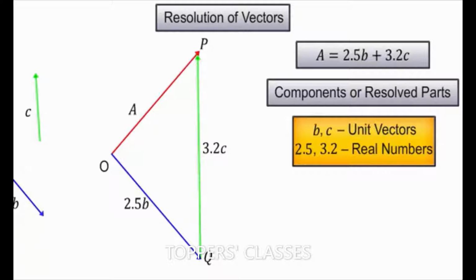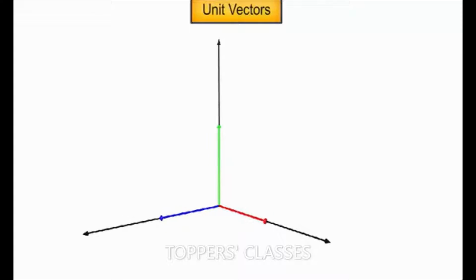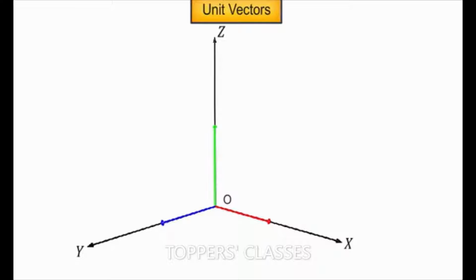Usually, vectors are resolved along the axis of a rectangular coordinate system using unit vectors for convenience. Unit vectors have a magnitude equal to unity and they indicate a particular direction. You do not specify any dimension or unit for these vectors. They only indicate direction.